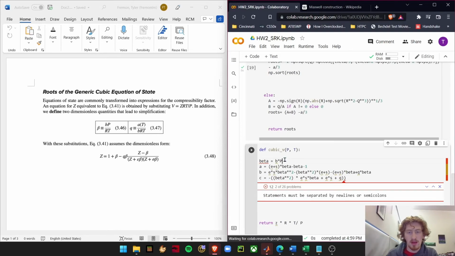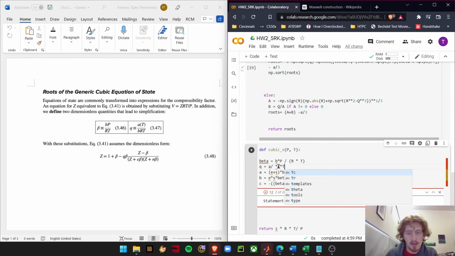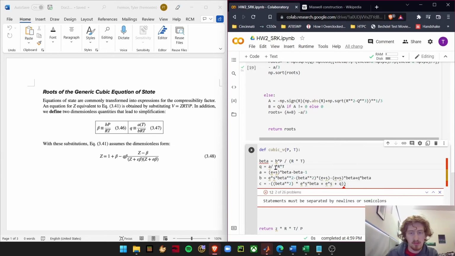So we're going to be bringing that in a second. And then divided by R times T. And then Q is going to be equal to A divided by B times R times T. And that should be a capital R, and there should be a B there.